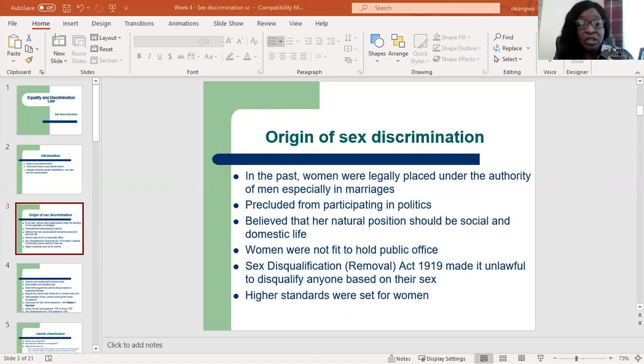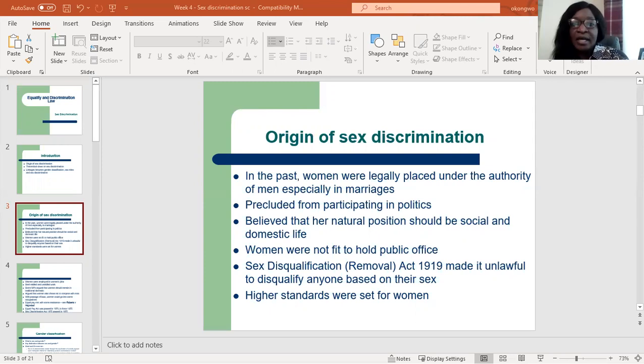A woman was also not allowed the right to custody of her children. Because they were thought to be irrational beings, women were excluded from participating in politics. It was believed that her natural and rightful place was at home, looking after her husband and her children.